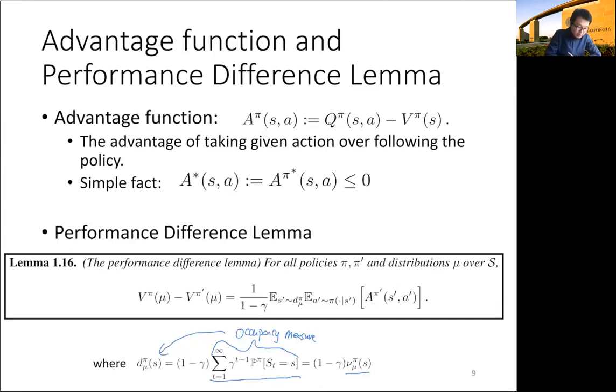Okay, so the performance difference lemma says that the expected value of this advantage function as we roll in, right? This is just saying roll in to an infinite length trajectory and stop at a random location, roll in with policy pi, and then take the next action according to pi.